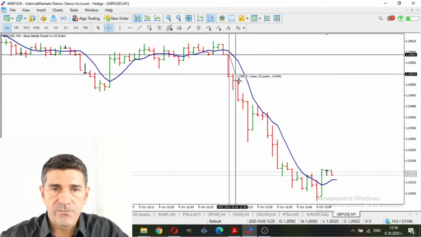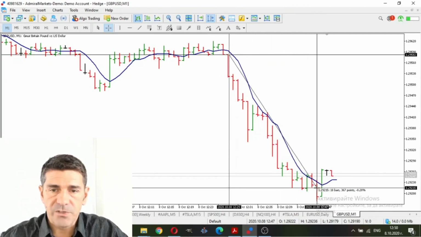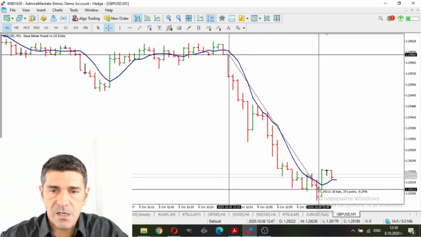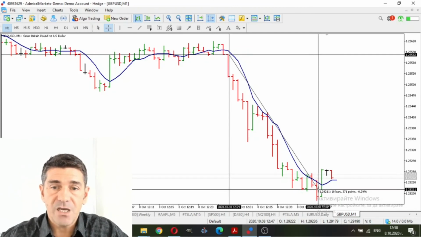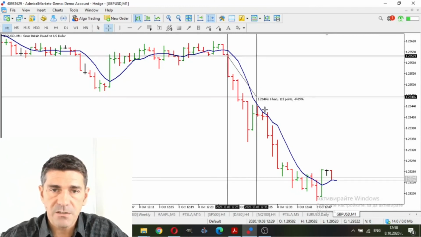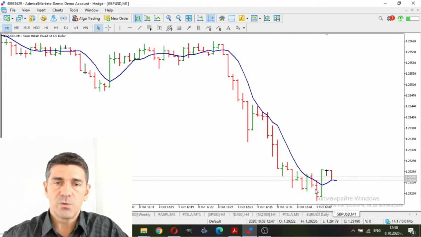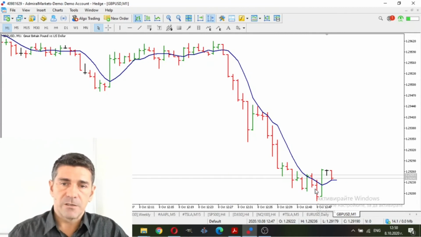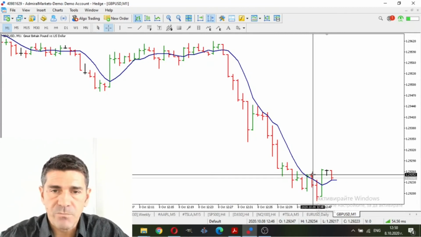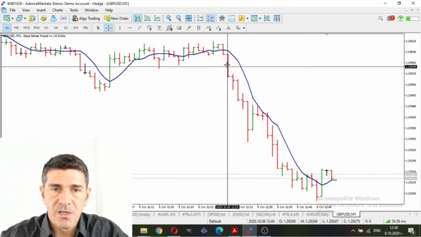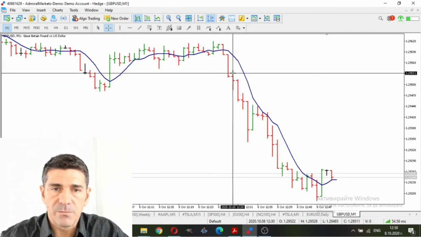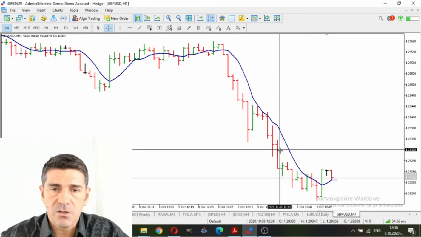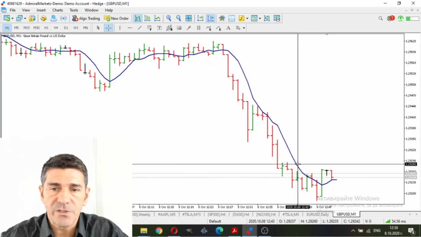Take a look at this period of time. These are 18 bars. What does it mean? It is 18 minutes. Over this 18 minute period of time, we experience a downtrend. So over this period of time, the prices are constantly below the moving average.